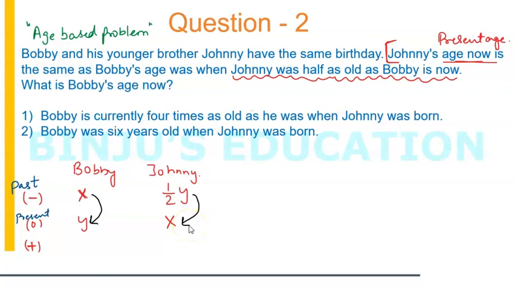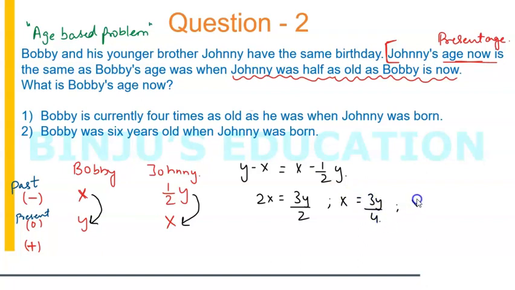That's how the comparison is being done. Which means without even going through statement 1 and 2, you should be able to say that y minus x should be equal to x minus half of y, or 2x is equal to 3y by 2, or x is equal to 3y by 4, or x will be equal to 0.75y.